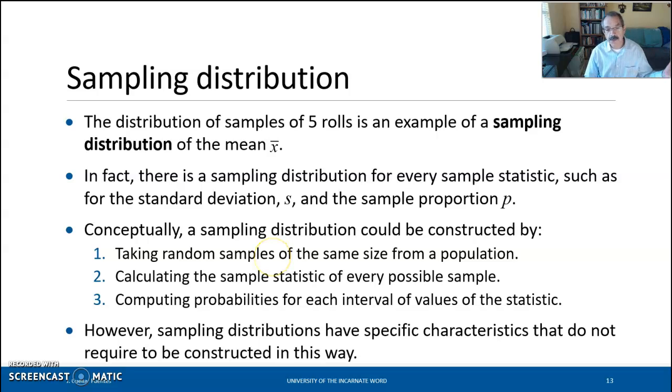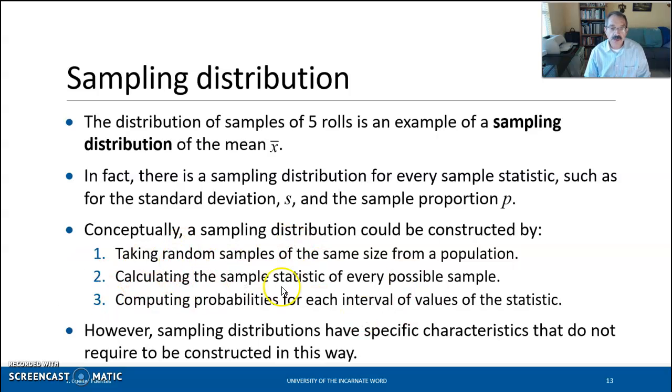You take a random sample of the same size, calculate the sample statistic, and do this many times so that you can compute the probabilities for each interval of values of the statistic. I'm saying intervals because now the random variable is the averages, and it becomes a continuous random variable.